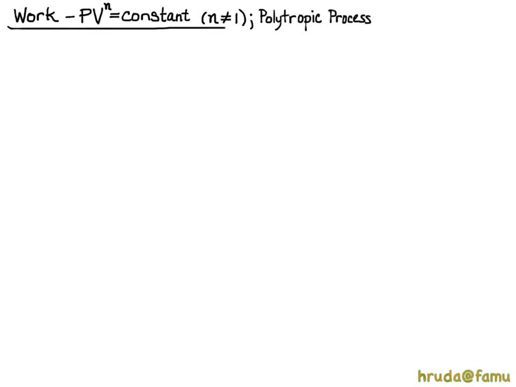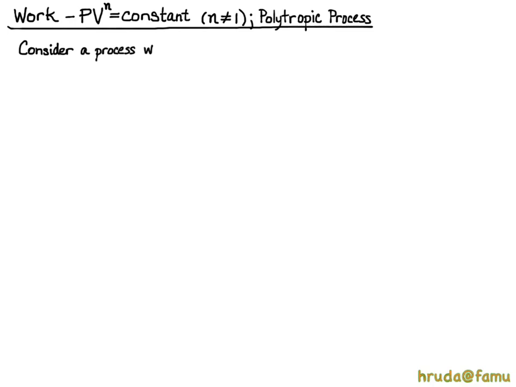Looking at another process, we can have a process where P times V to the n is equal to a constant. Only V is raised to the power n, and in this case n will not equal 1. We just looked at that in the previous example. We call these types of processes a polytropic process.